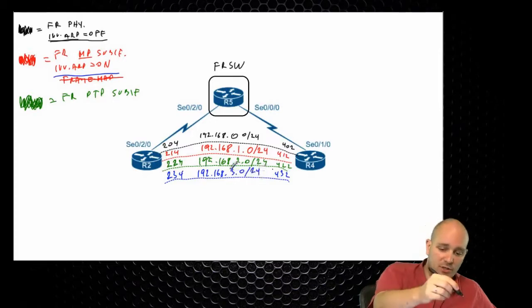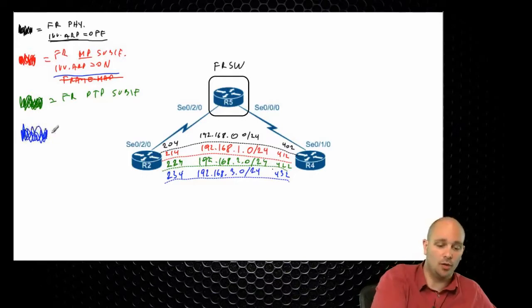192.168.3.0/24. Now, this is going to be a little bit trickier. On this side, I'm going to have a slightly different setup on R2 and R4. On the R2 side, I want to use a point-to-point subinterface, and on this side, I want to use a multipoint subinterface.